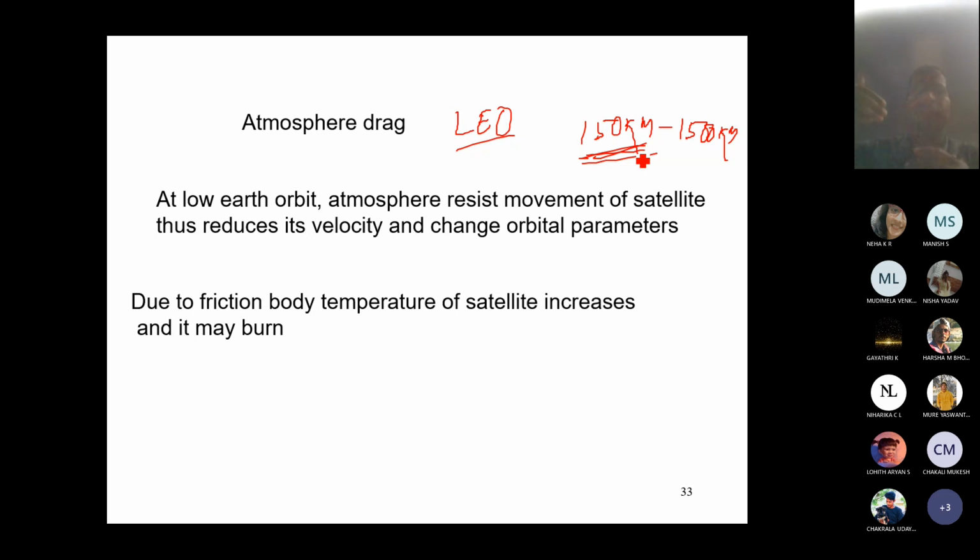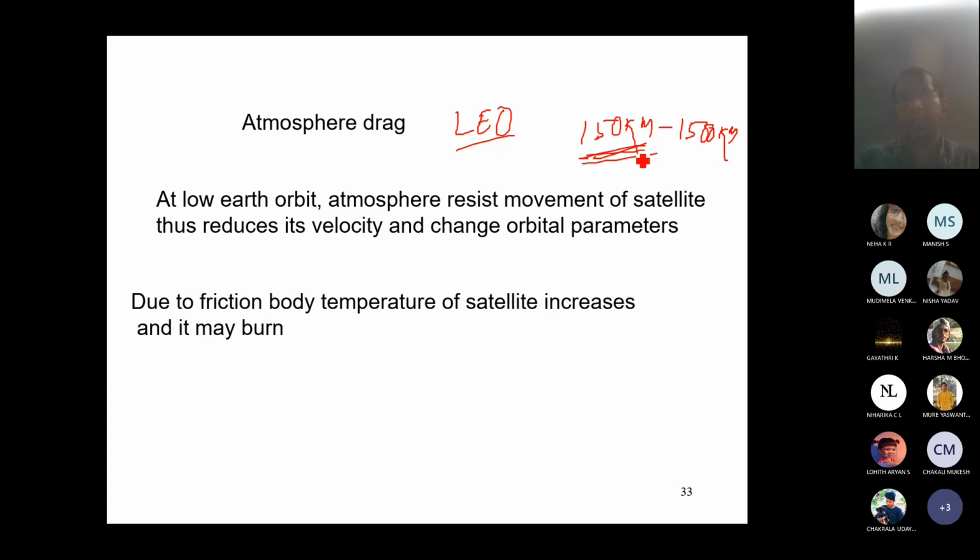If you go above and above, the atmosphere becomes lighter. As you come towards the surface of the Earth, the atmosphere becomes denser. More dense means more friction. When an object is moving, it will experience friction from the atmosphere, and when friction happens, the temperature will increase.